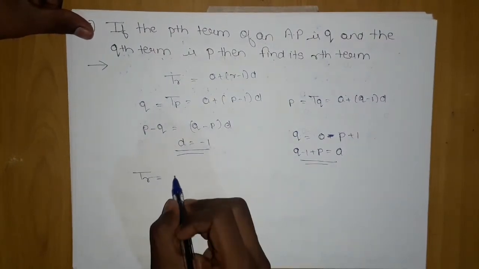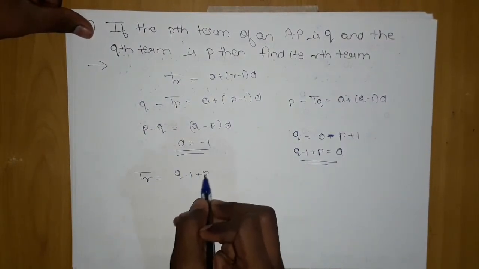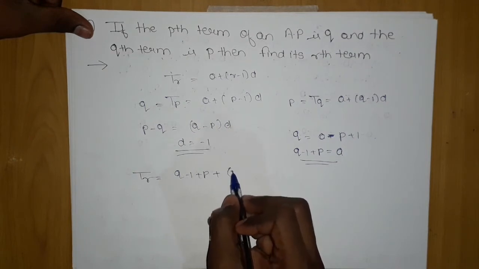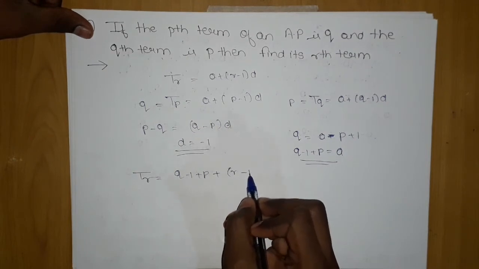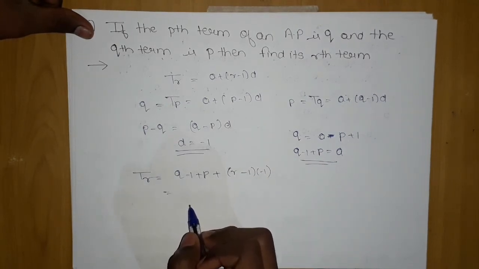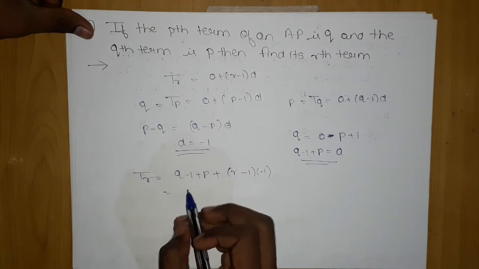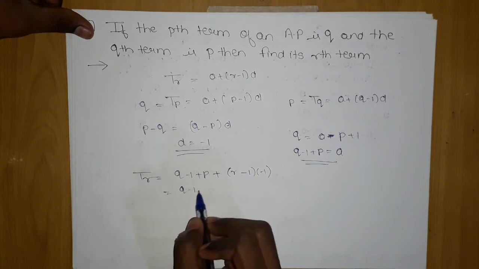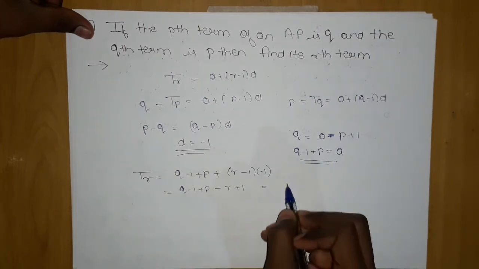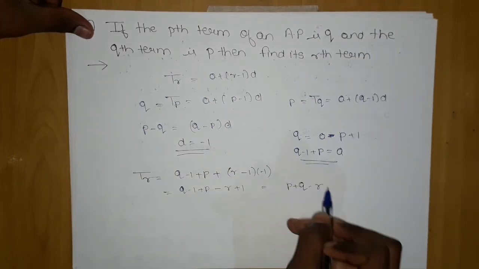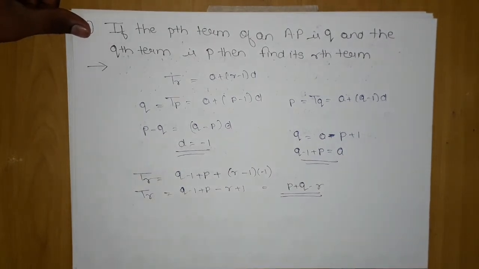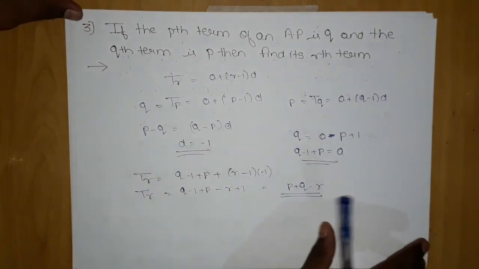TR is A, which is Q minus 1 plus P, plus R minus 1 into minus 1. So what we have, Q minus 1 plus P minus R plus 1, which will give me P plus Q minus R. So this is the rth term, TR. We wanted to find the rth term and we found it.